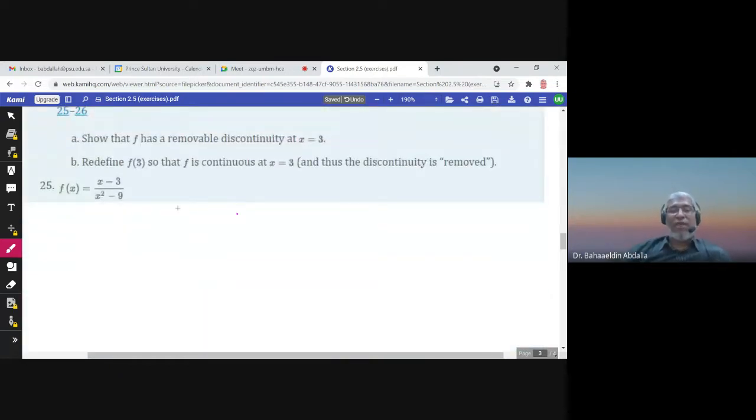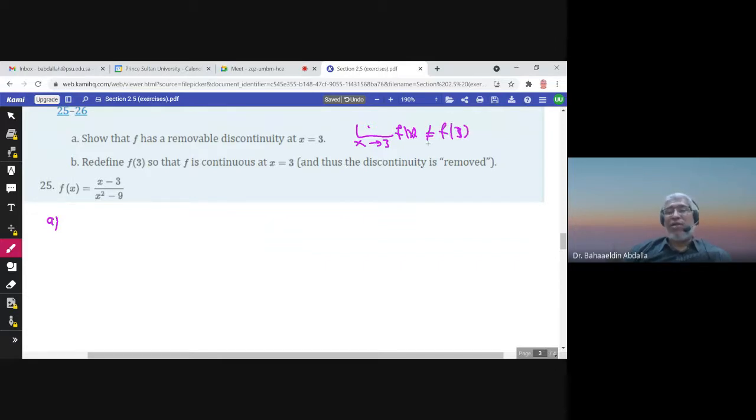Show that f has a removable discontinuity at x equals 3. Well, it will have a removable discontinuity either if it is not defined at 3, or if the limit when x approaches 3 of the function is not equal to f of 3.